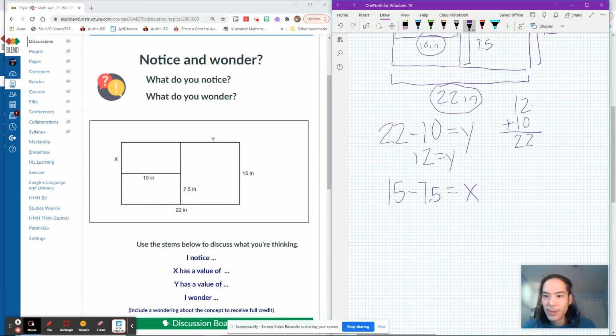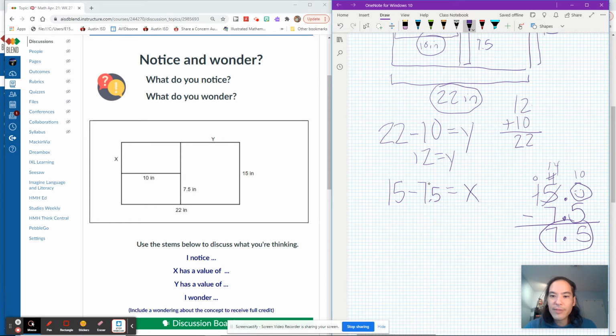When we do this, remember, if you're subtracting decimals, line up your decimal points. If you need to, draw an emoji 0 to help you. So we need to borrow. 10 minus 5 is 5. Borrow again. 14 minus 7 is 7. So 15 minus 7.5, or 7 and 5/10, is 7 and 5/10. So 7 and 5/10 is equal to x.